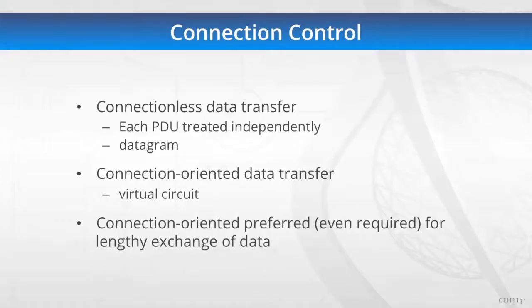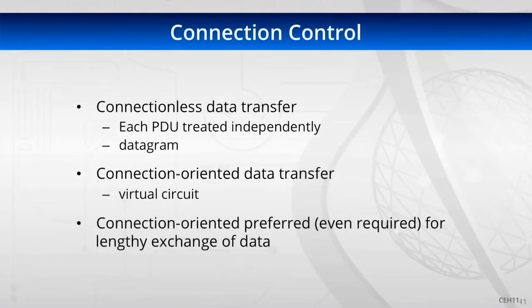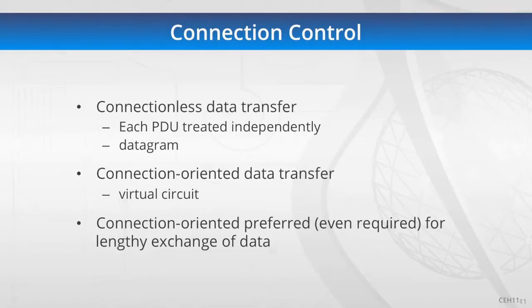When we talk about connections and connection control, we need to separate out connectionless data transfer from connection-oriented data transfer. Remember, each protocol data unit is treated independently in connectionless. HTTP is connectionless.